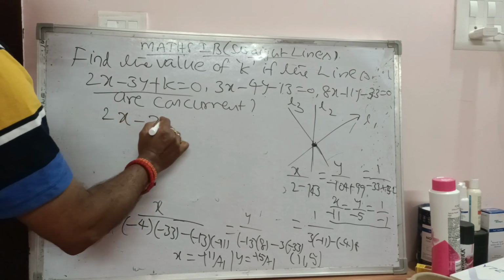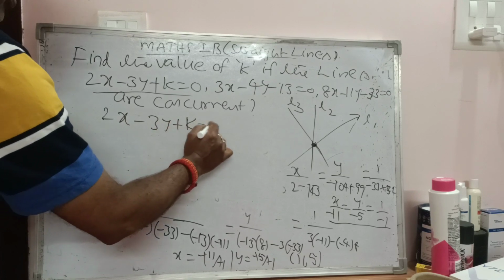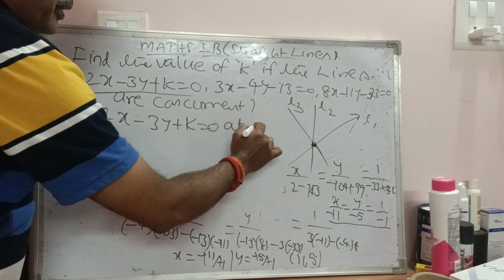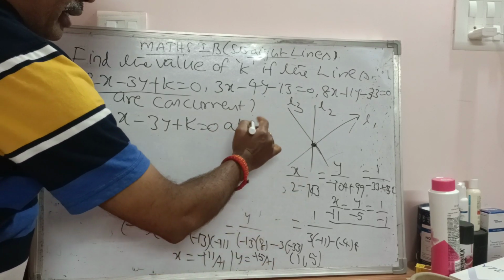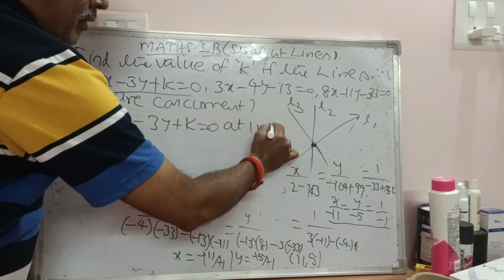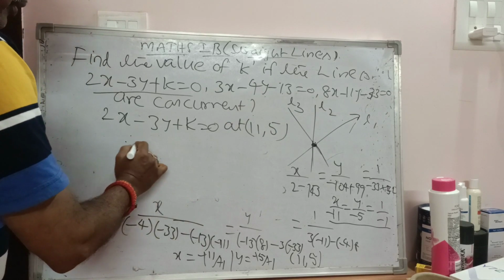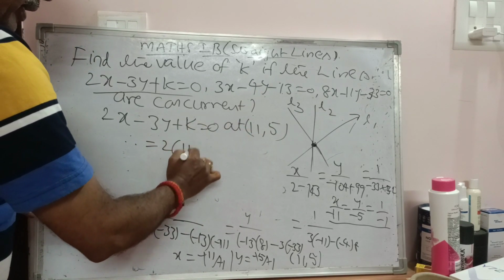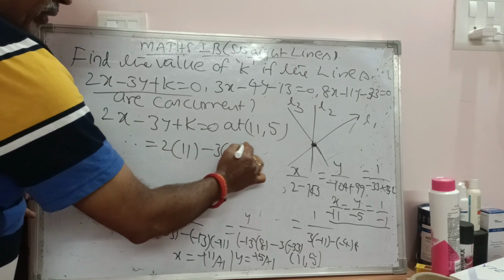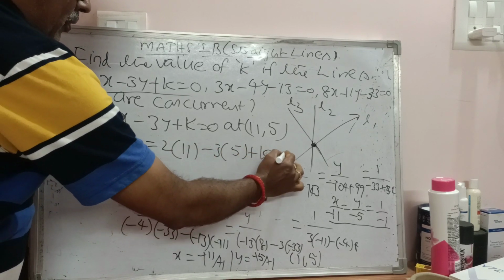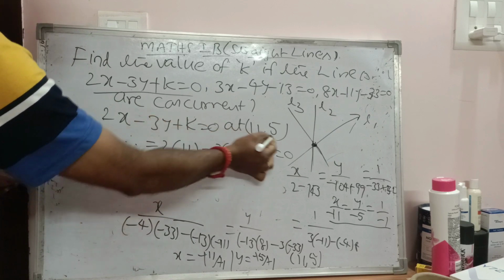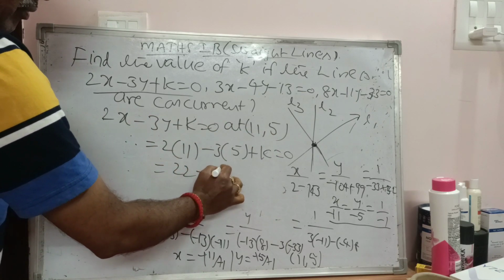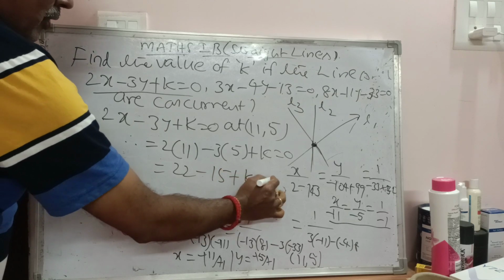2x minus 3y plus k is equal to 0 also meets these two lines at 11 comma 5. Therefore, since it is passing through this point, 2 into 11 minus 3 into 5 plus k is equal to 0. 22 minus 15 plus k is equal to 0.